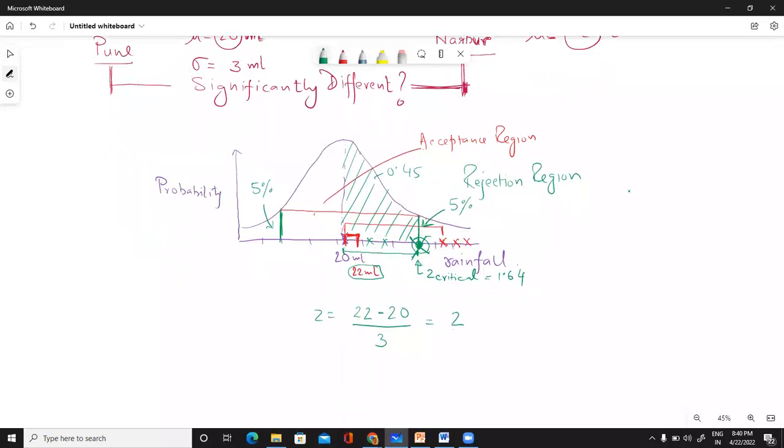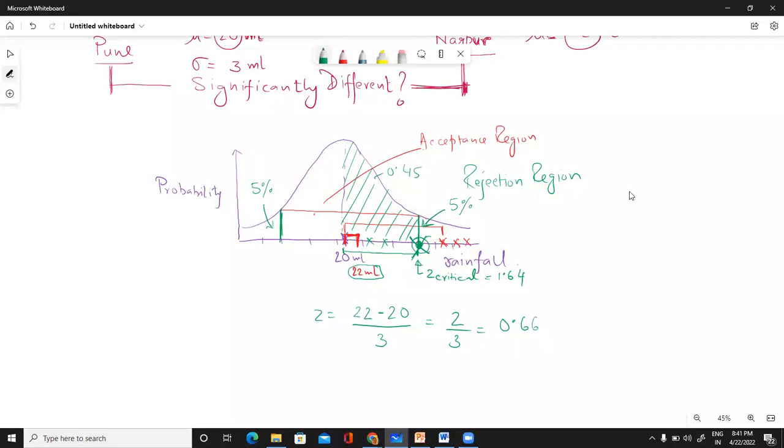So this is 2 by 3 or 0.6. So it will go on 6. Yeah.